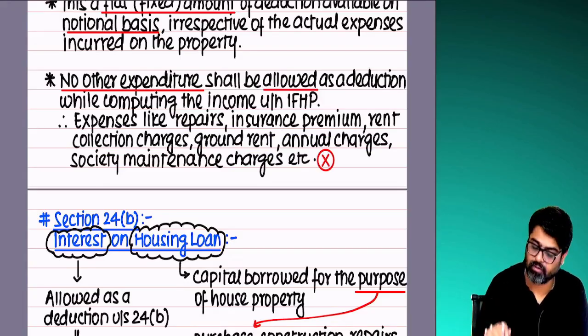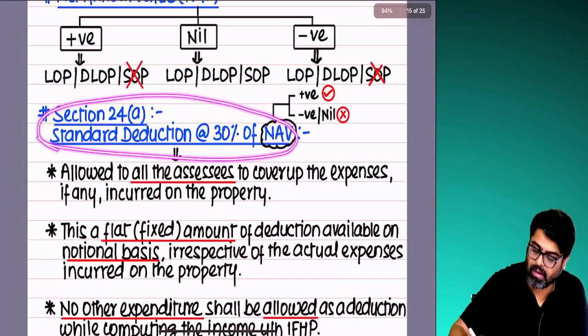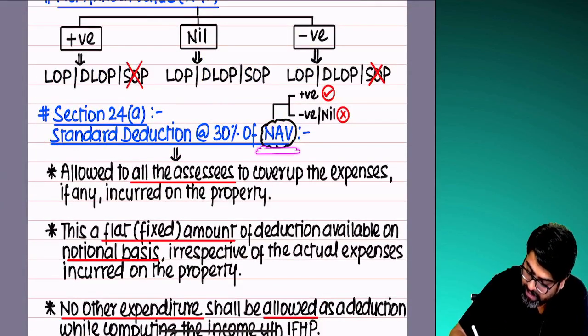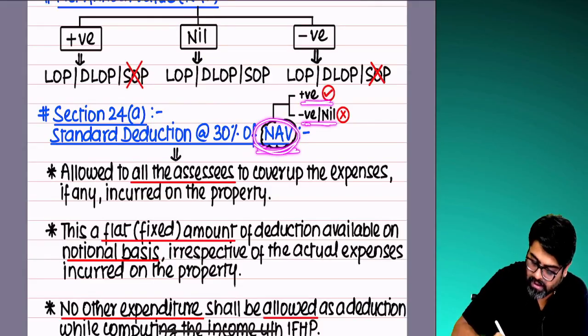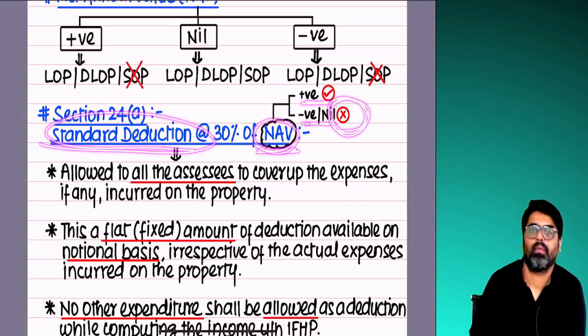Ignore. All such expenses will be ignored. Yes or no? Now the standard deduction will be available only if the NAV is positive. If the NAV is negative or nil, the standard deduction will not be available. Got it, sir?